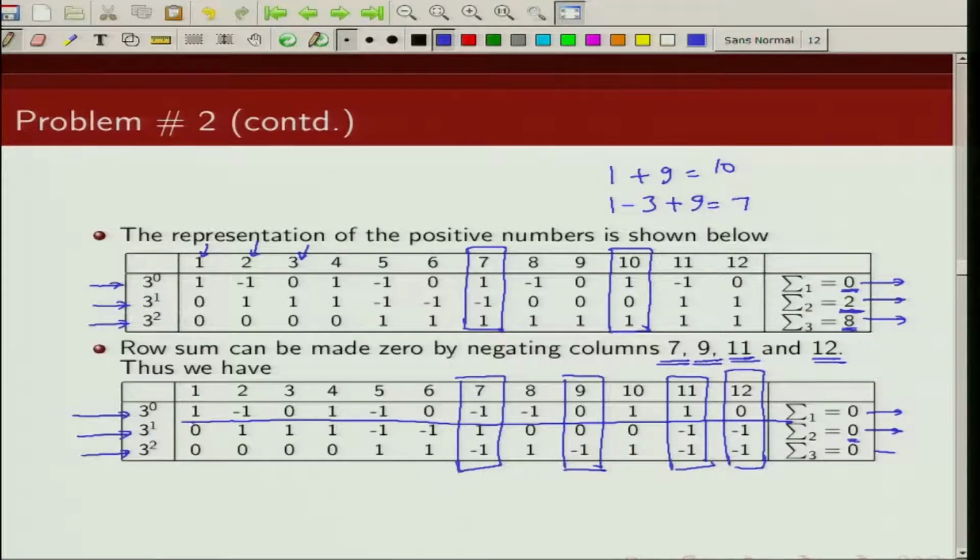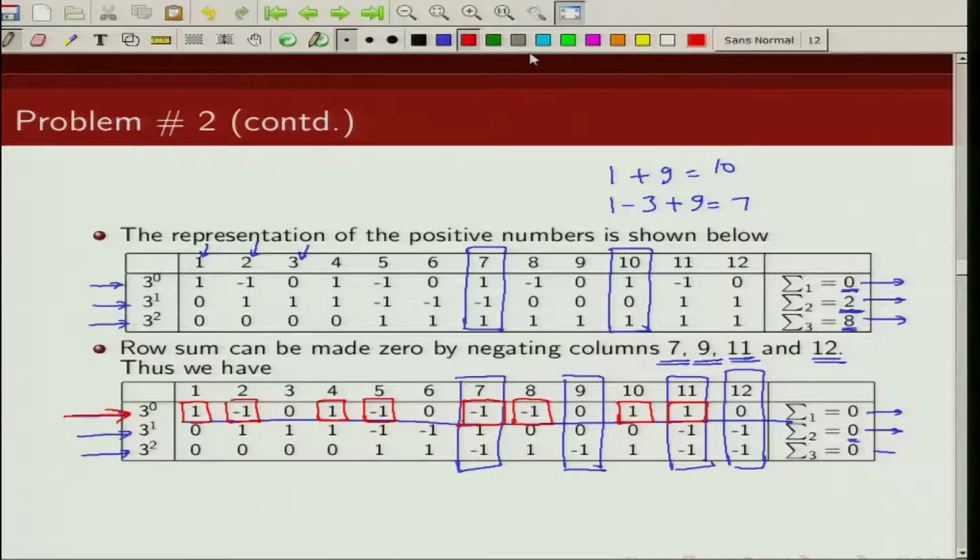When I am doing this weighing corresponding to this row, I am going to put this in the right pan, I am going to put this in the left pan, I am going to put this in the right pan, going to put this in the left pan, going to put coin number 7 in the left pan, coin number 8 in the left pan, coin number 10 in the right pan, coin number 11 in the right pan.